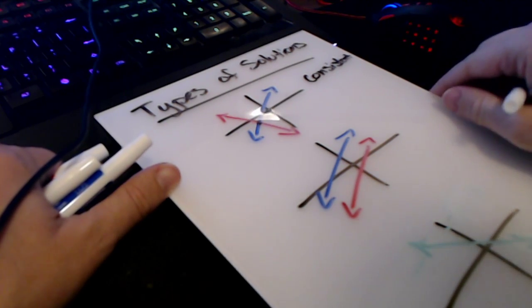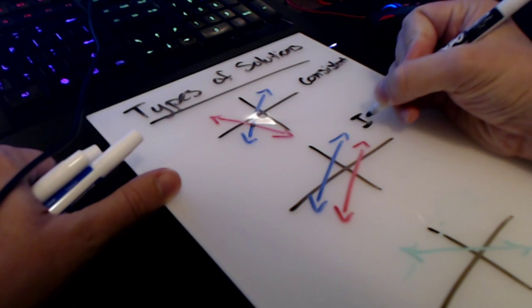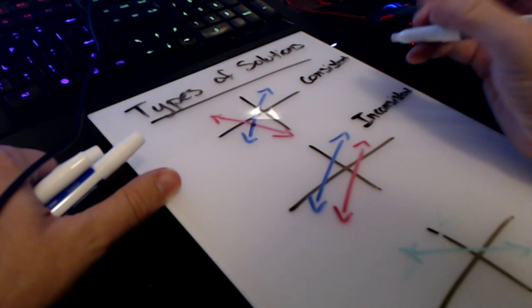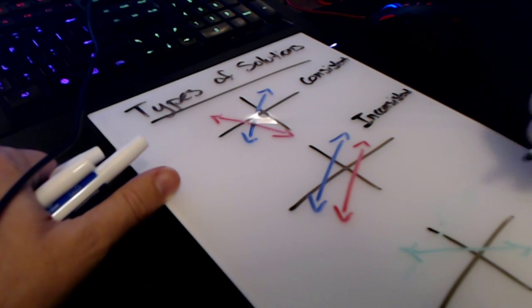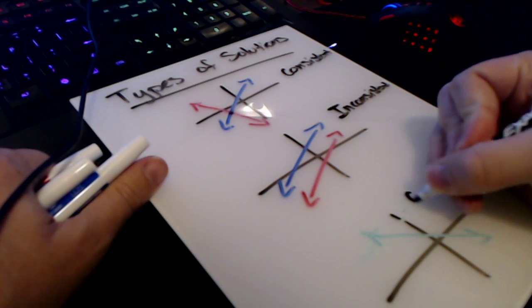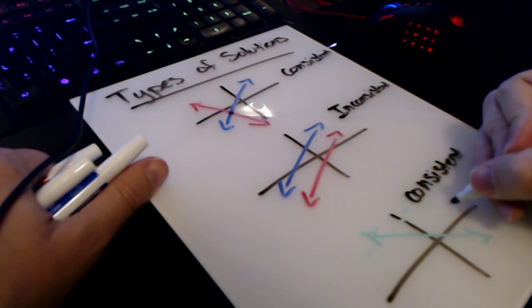If we have parallel lines where the lines never intersect, this is called inconsistent. And then finally, our last one, if the two graphs end up being the same line, this is called consistent dependent.